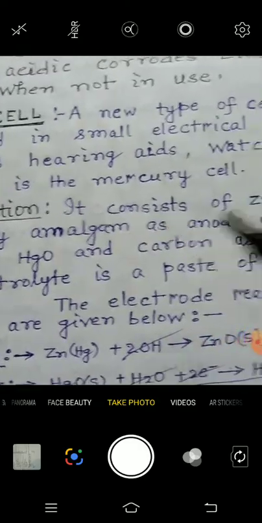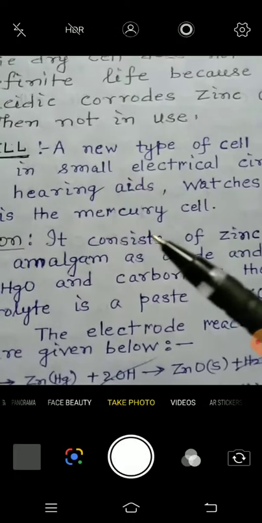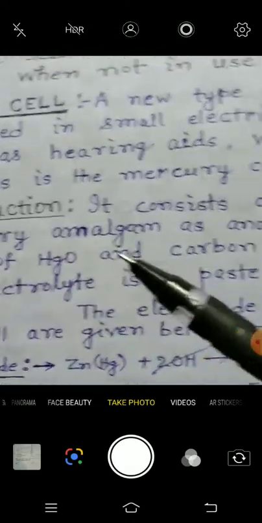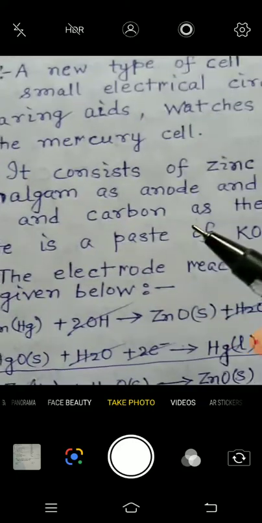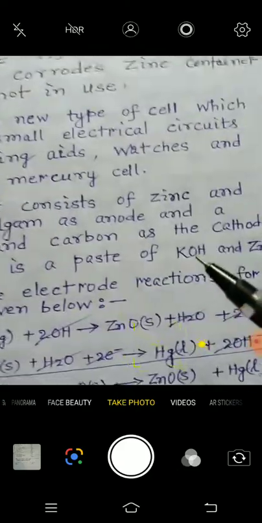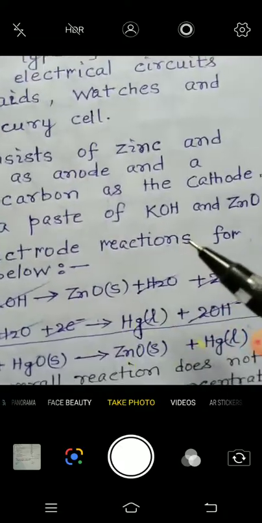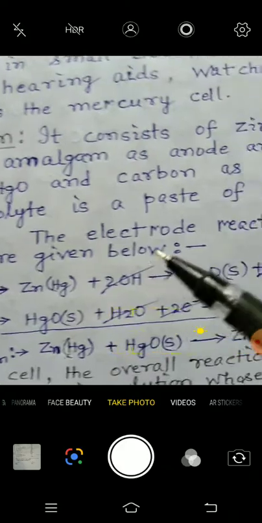Construction: it consists of zinc and mercury amalgam as anode and a paste of HgO and carbon as the cathode. The electrolyte is a paste of KOH and ZnO. The electrode reactions for the cell are given below.